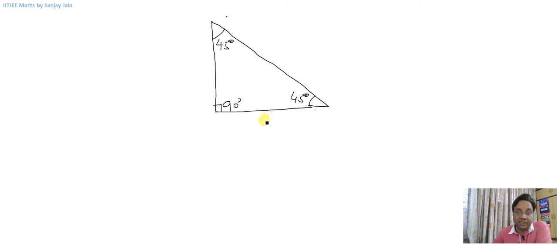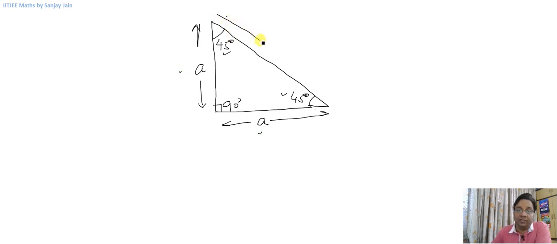If I consider, let us say, this side to be A, what will be this side? This side will also be A. Why? Because these two angles are equal, 45, 45. So their opposite sides will also be equal, because this is an isosceles triangle, right? So side opposite equal angles are also equal. So if this is A, then this will also be A.